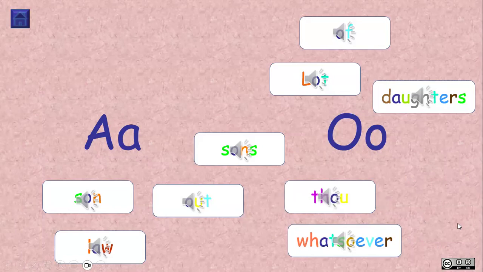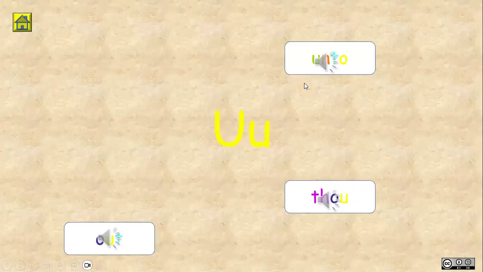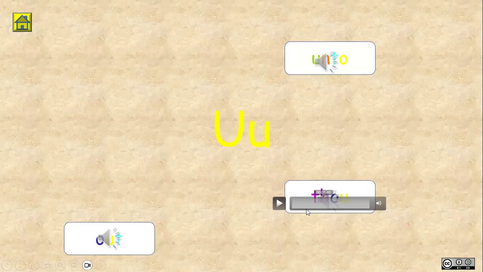This time it's the color that matches the letter. We'll find the yellow U right here. And it says ooh, ooh, ooh. And we'll go to that page and we'll find that it says thou.